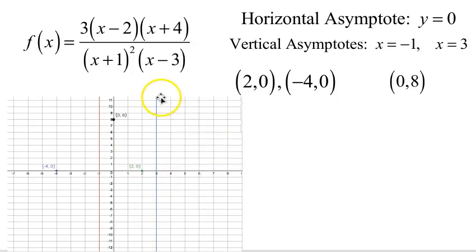It's got to be going up. So I'm going to assume it's going to kind of behave this way. And again, this is going up. X equals negative 1 is an order 2 asymptote, so I'm going to assume that is going to be going up as well. So let's see if our numbers verify that idea.